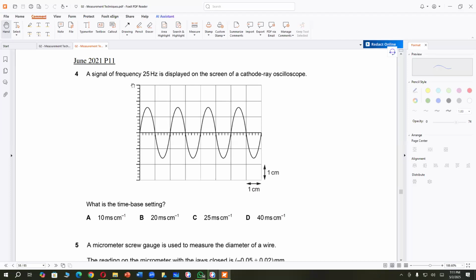What's the plan? Convert the frequency into time period, then check how many divisions there are in one cycle, and then make the ratio, which is called the time-base setting.